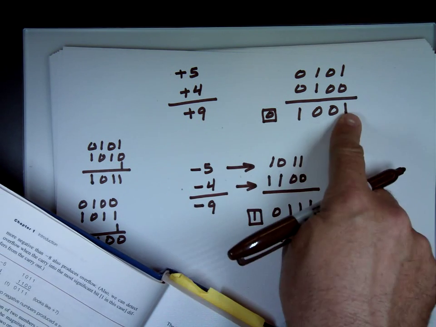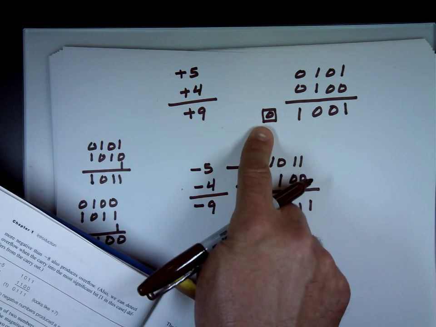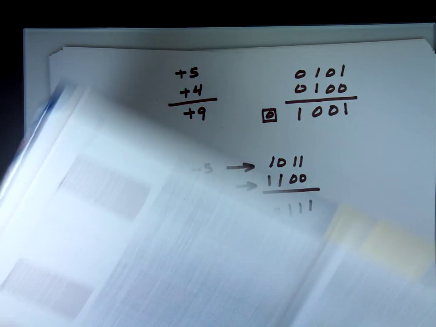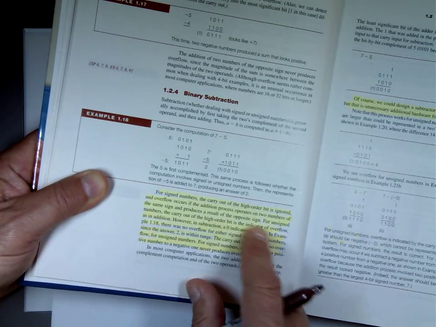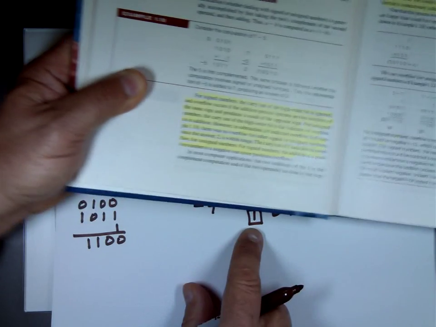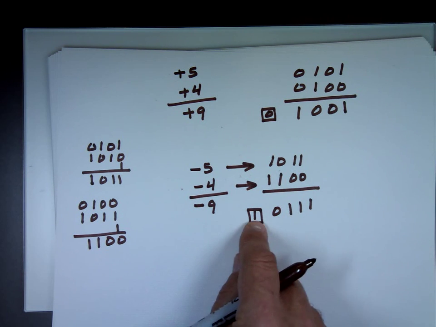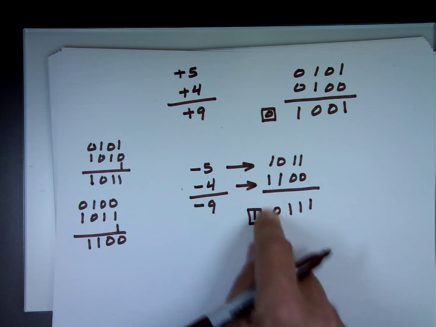When the carry is 0, you're fine. When the carry is 1, the result produces a number of the opposite sign. That means my result is not this. My result has to be the 2's complement of that number.